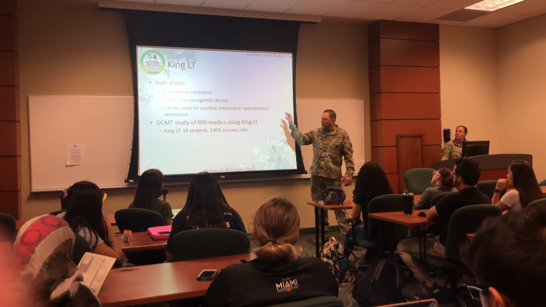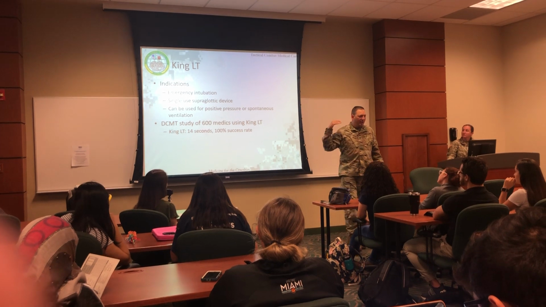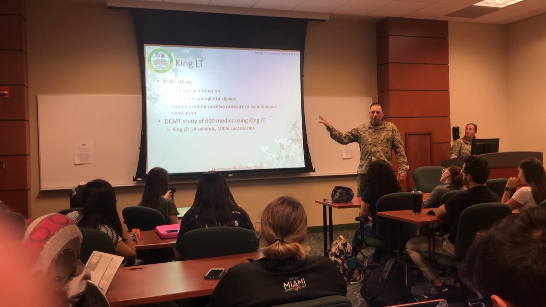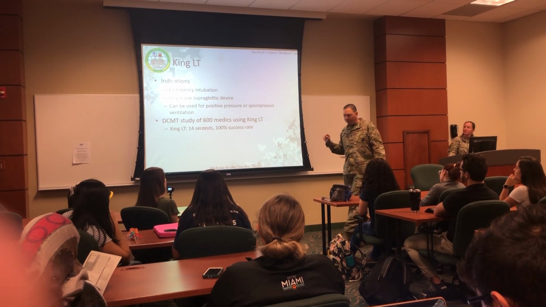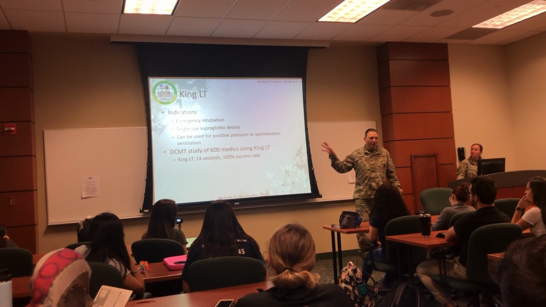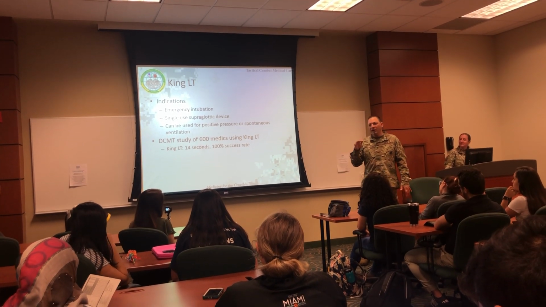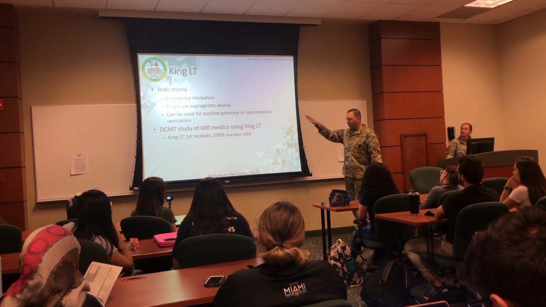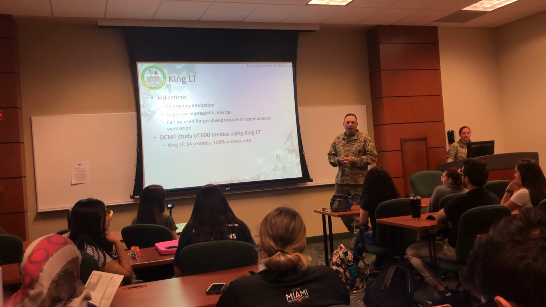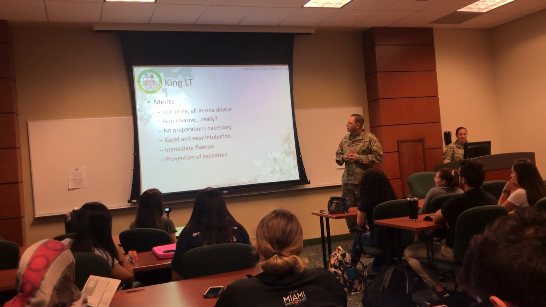If a patient can actually take a King LT and have it lodged in the position you saw in the previous slide, that tells you right there that that person is most likely, 95% of the time, unconscious, because a conscious person will have a normal gag reflex and will not be able to take that King LT as you saw in the previous slide, right? Next slide, please.